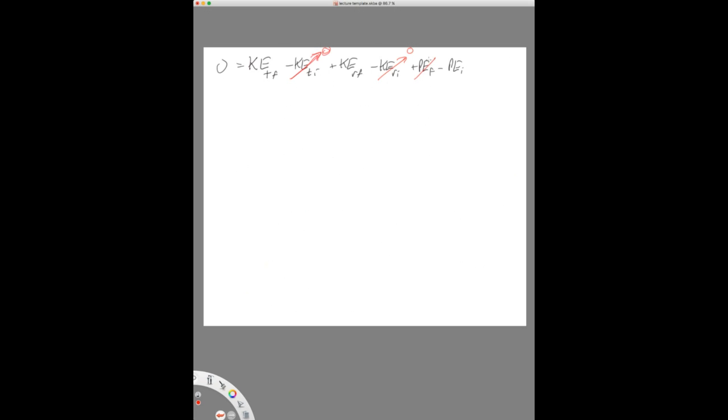So we can additionally cross that out. And then what we get is just that the initial potential energy is equal to the sum of the translational final kinetic energy and the rotational final kinetic energy.